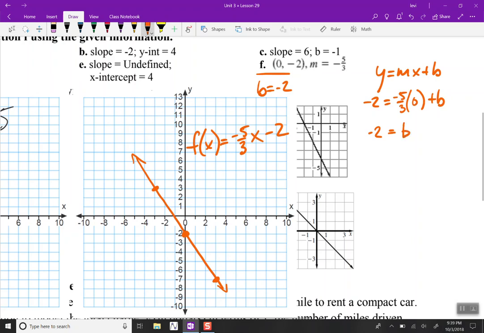So what we just solved for is b, our y-intercept. So we just said our y-intercept is -2. Now, did we really need to do all that when we could say, oh, if our x is 0, our y-intercept is -2? No. But for a different point, if that said 3, 2, right, then we'd substitute in a 3 for x here instead of a 0, and a 2 for y instead of that -2.